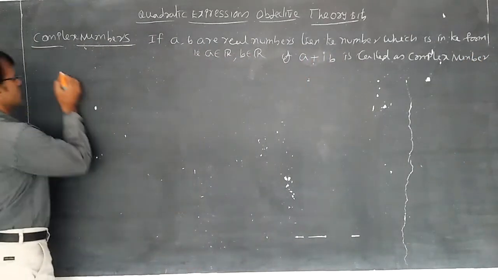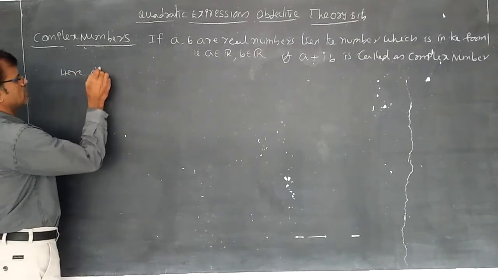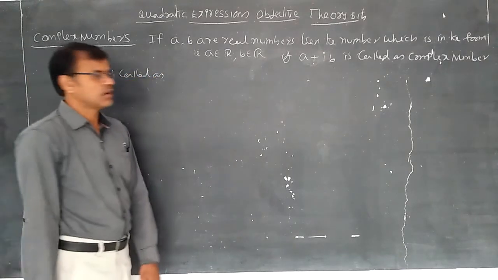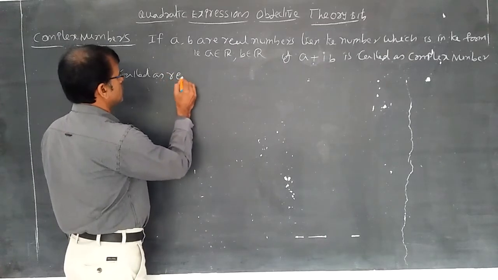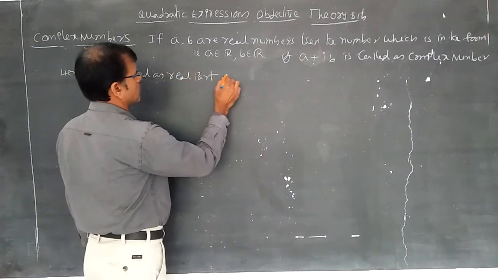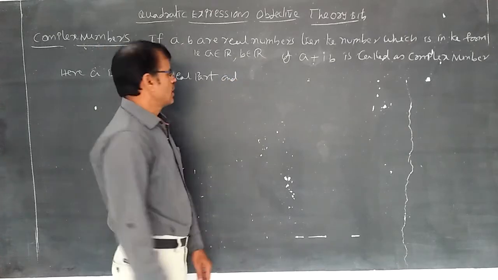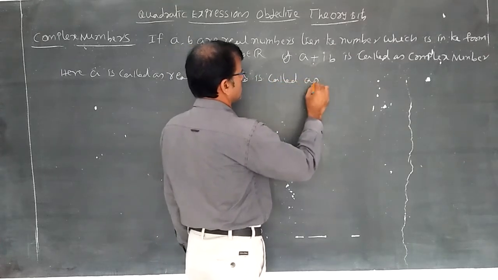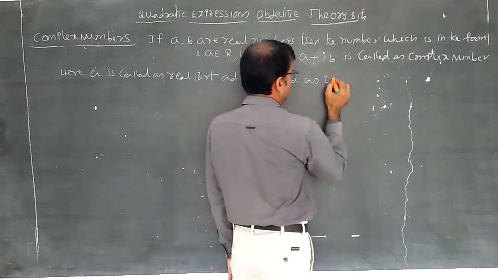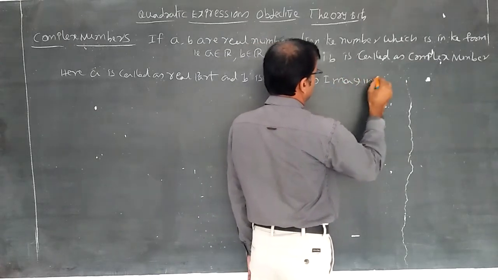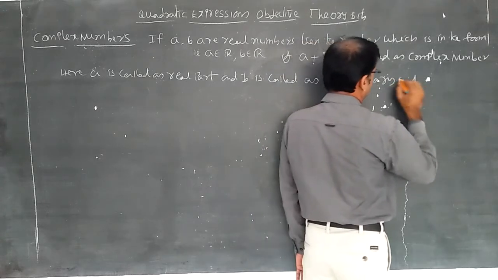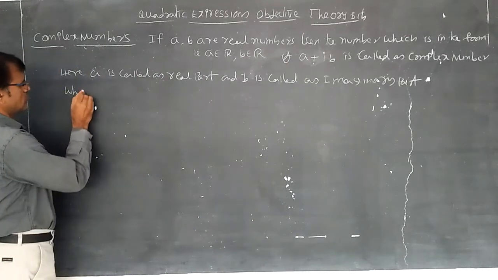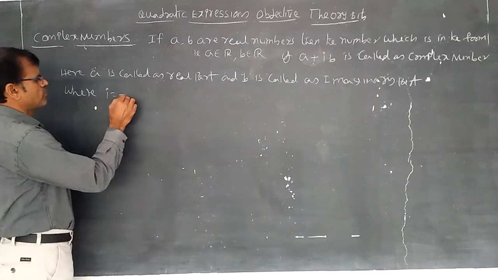In this complex number concept, a is called the real part and b is called the imaginary part, where i is equal to root of minus 1.